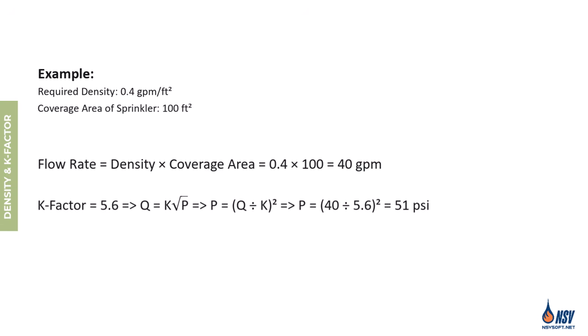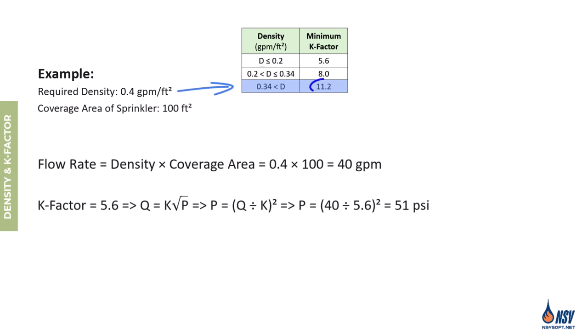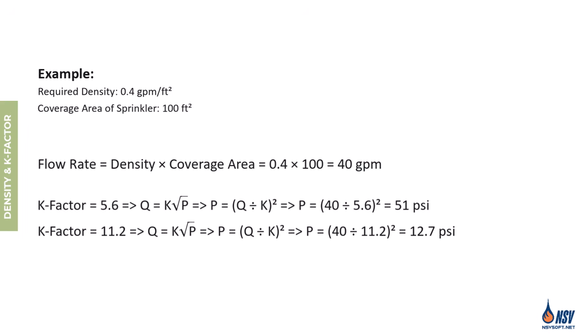However, NFPA 13 specifies a minimum K factor of 11.2 for this density range. With a K 11.2 sprinkler, the required pressure drops significantly to just 12.7 psi. As we've discussed, lower operating pressure helps produce larger droplets with greater momentum, improving their ability to penetrate the fire plume and enhancing overall fire control effectiveness.